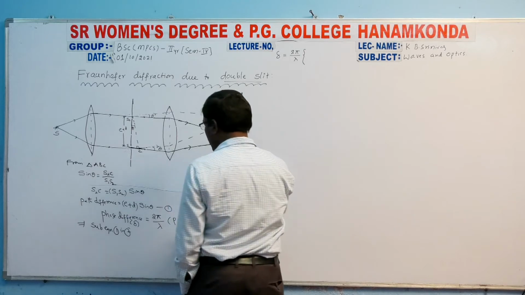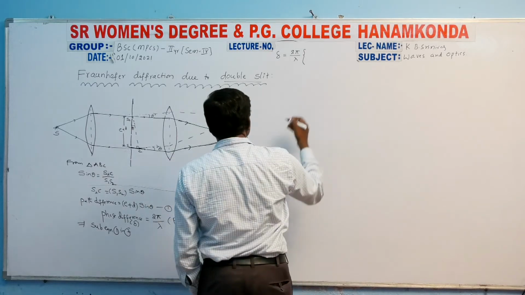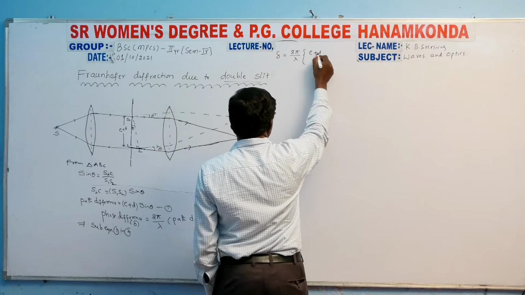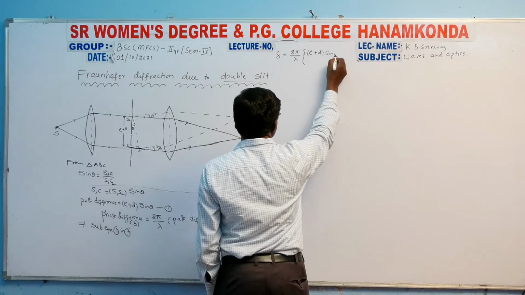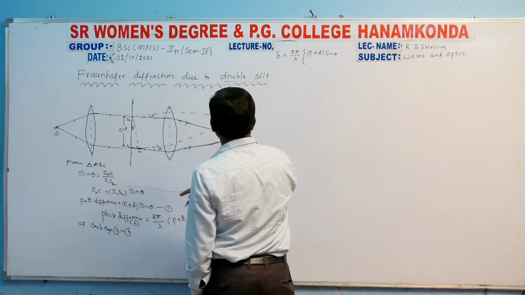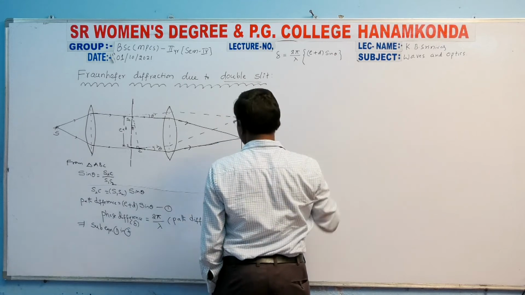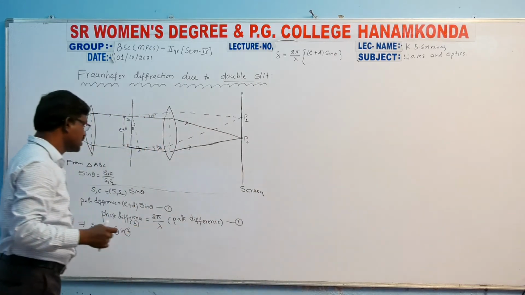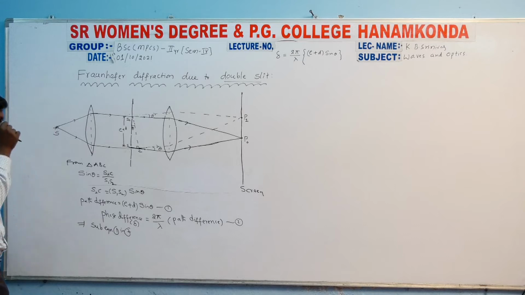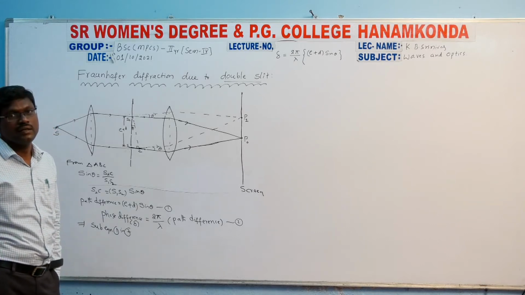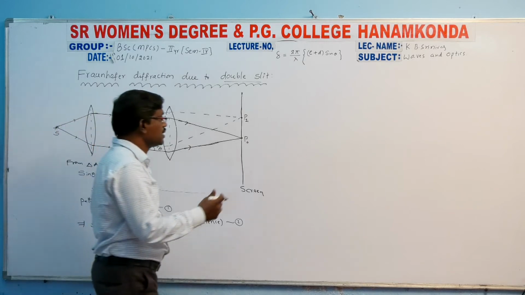Already I have calculated the path difference as (e plus d) sin theta. So the phase difference is equal to 2 pi by lambda into (e plus d) sin theta. Let this be equation number 3.